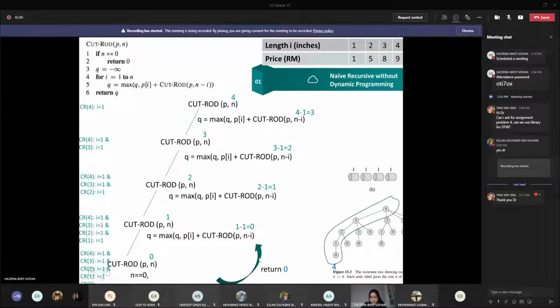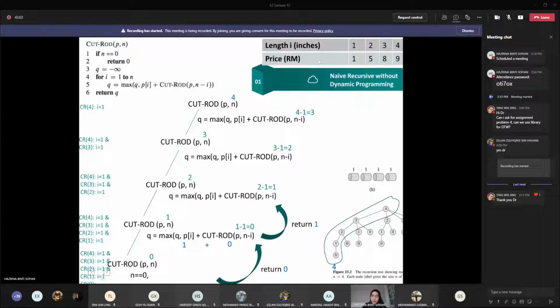When it returns 0, you can see here is PI plus cut rod. So this cut rod returned 0, so we can put it here as 0. And this PI is the basic data structure.